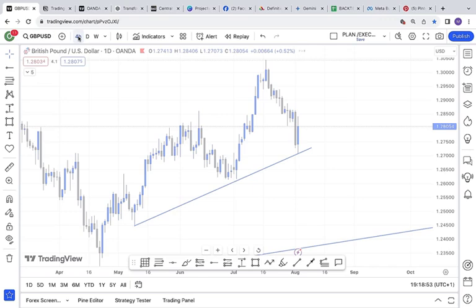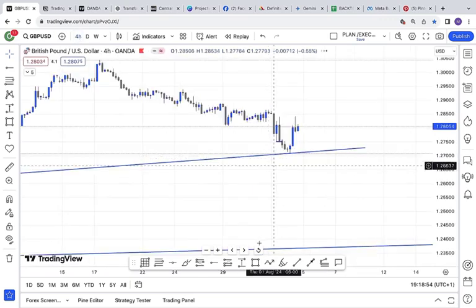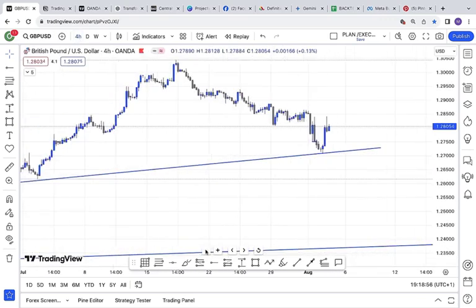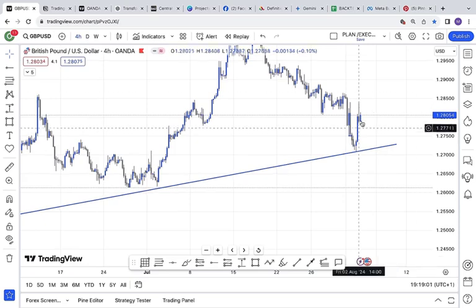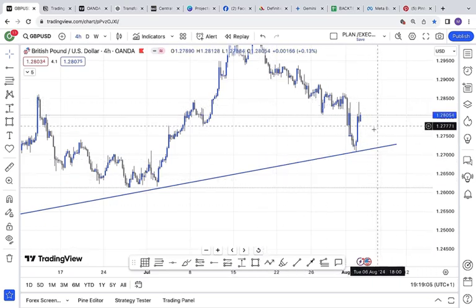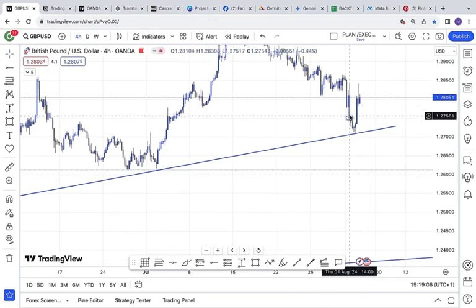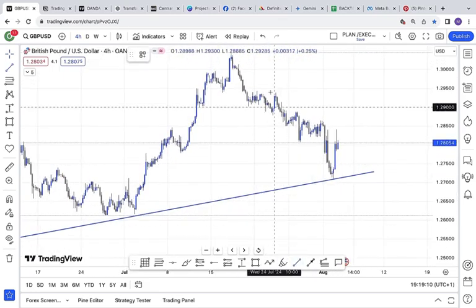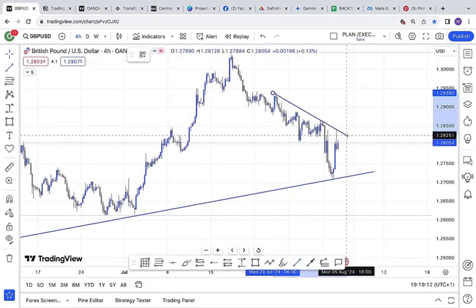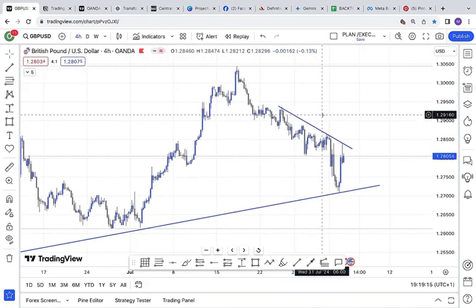Moving on to the 4-hour time frame, we notice that price is currently rejecting from the supply zone of the daily. And you find out that price has succeeded in building liquidities, all this trend line liquidity to the upside.